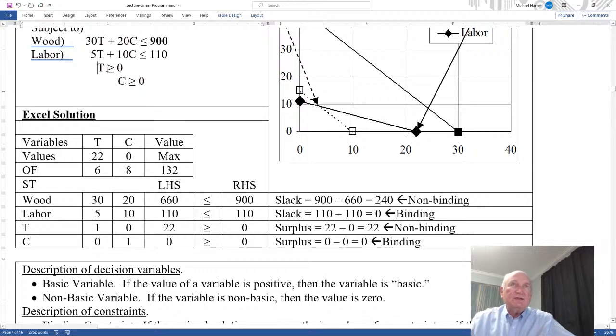The coefficient of T is 1. And the coefficient of C here is 0. That's what the 1, 0 means. That's a coefficient. The right-hand side is 0. And this, the coefficient is 1. See, the coefficient here is 1. Coefficient is 1. 0, 1.